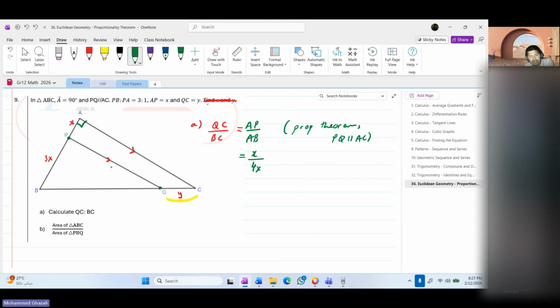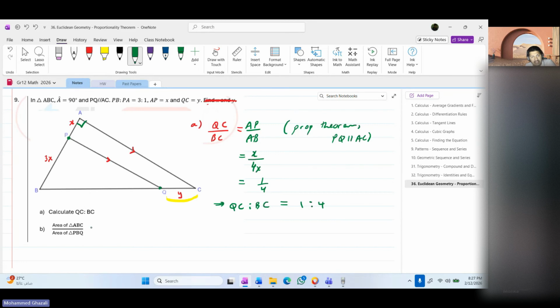There's a line PQ which divides the two sides in the same proportion. So now we got a quarter. This implies QC to BC is 1:4.